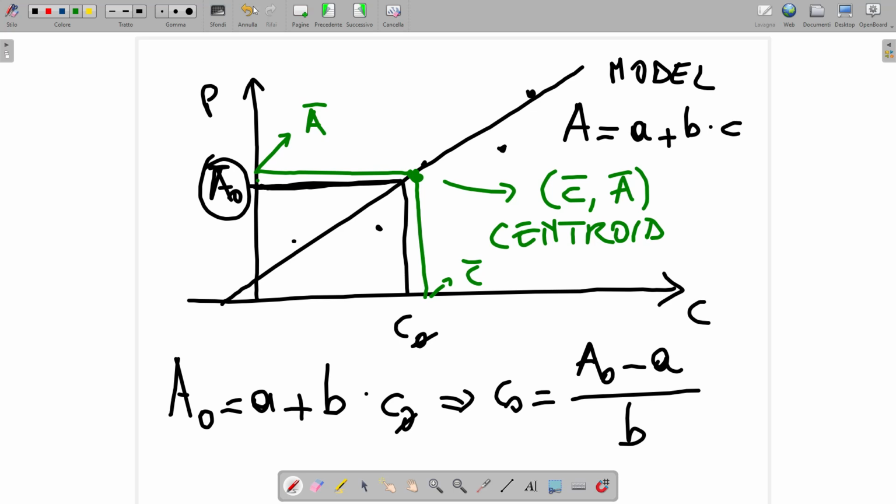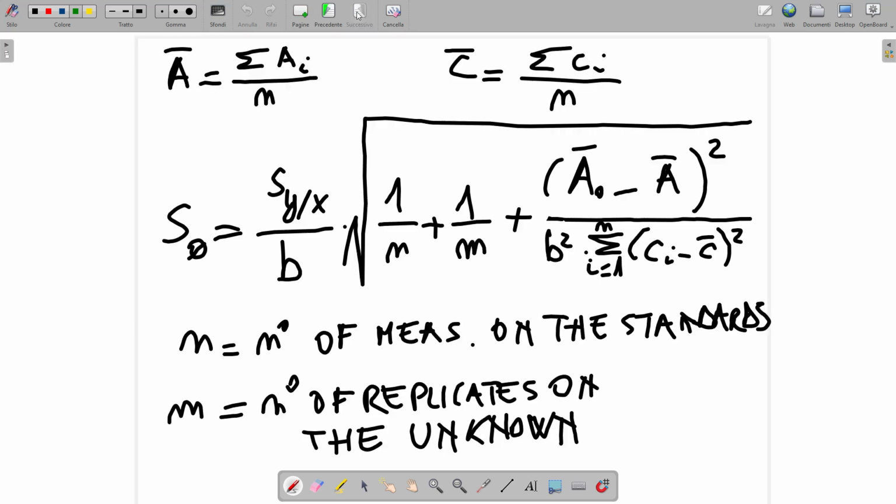Then we complete the discussion observing this sum at the denominator. Should this sum be big or small? Big.